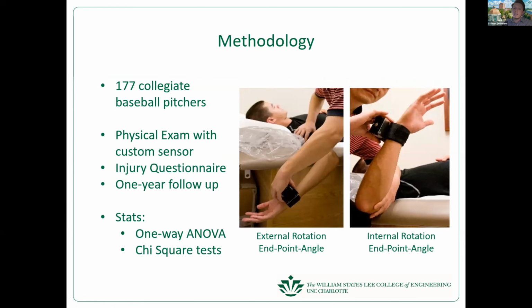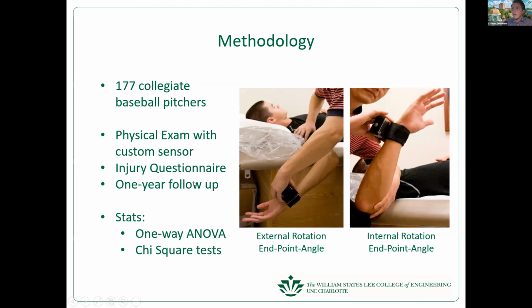Typically these shoulder rotational properties are measured by a team physician or team trainer, who has the players lay supine with their arm at 90 degrees of abduction and manually rotates the arm internally and externally, measuring what they feel to be the maximum range of motion. Where our study differed is that we used a custom sensor to measure those angles, using a quantitative method where 40 newtons was the endpoint angle.